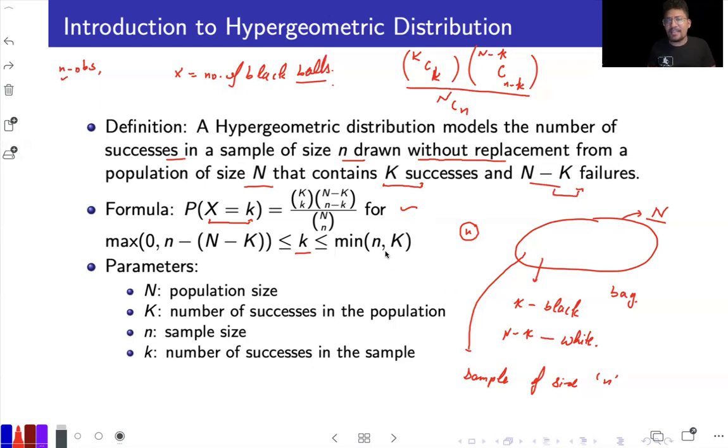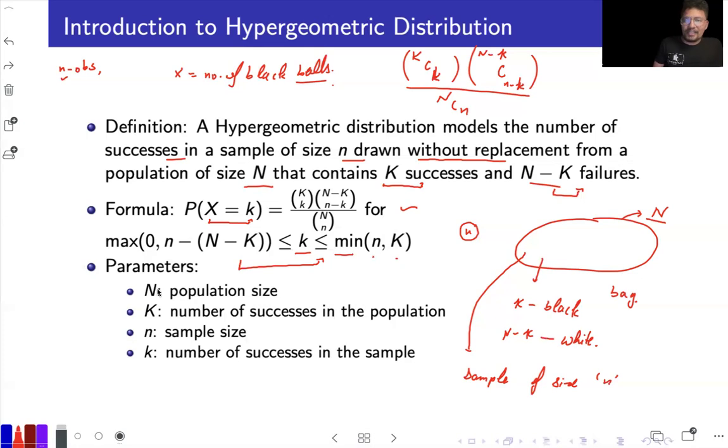On the other hand, if n is greater than K, and you have only K possible successes, then the maximum can't exceed K. So it will be less than or equal to the minimum of n comma K, and it will start from the maximum of 0 comma n minus (N minus K). So these are the possible values of the random variable X, that is our hypergeometric distribution.